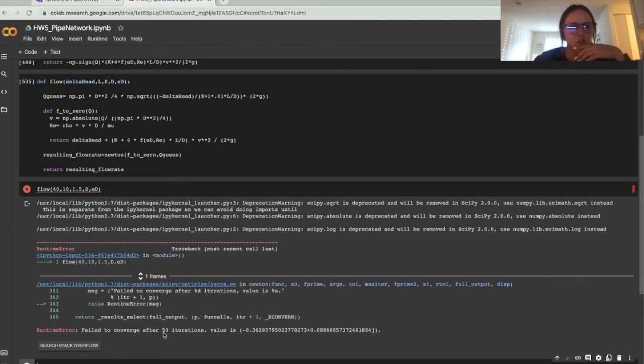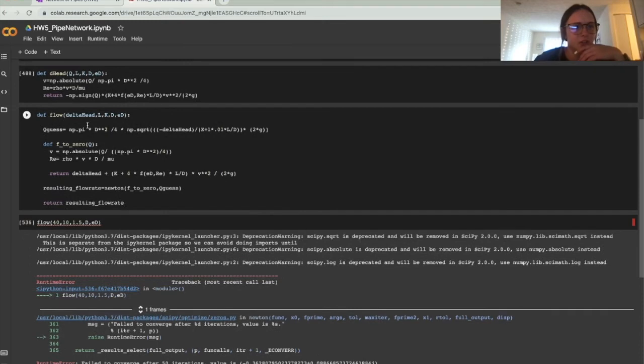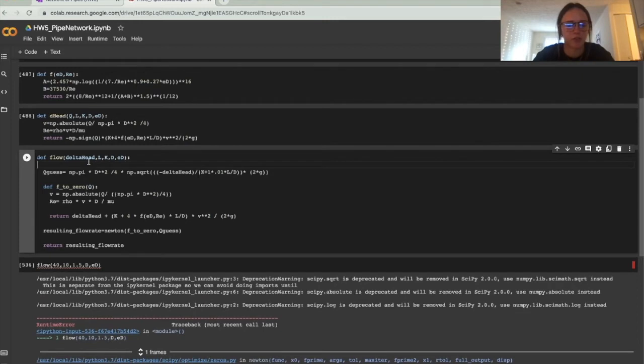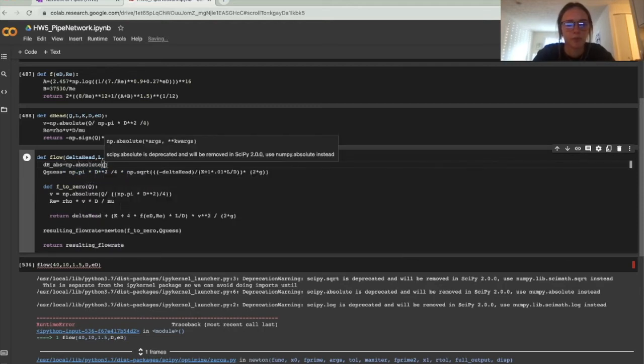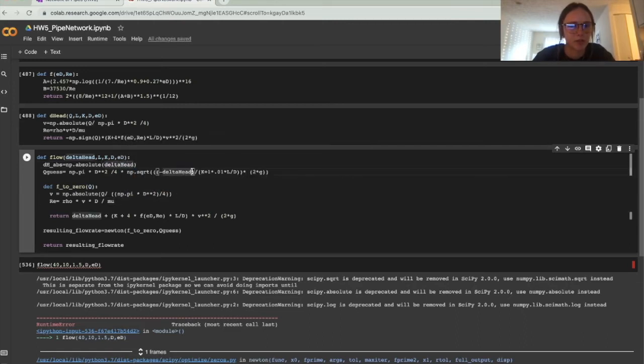Okay, so this is having trouble converting, so there is something that we can do. One thing we are going to have to do is pay attention to the sign. So I'm going to make a new dH absolute, and we're just going to take the absolute value of delta head, and we are going to replace delta head with dH underscore abs.